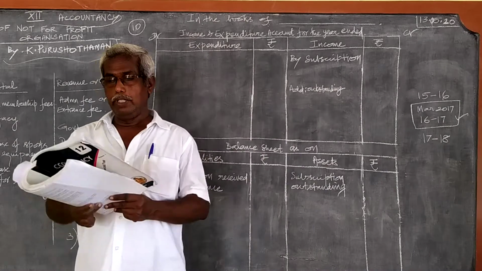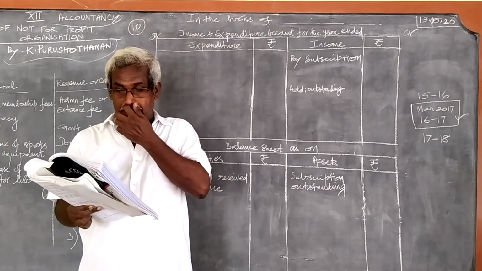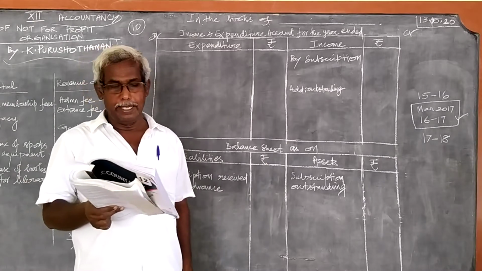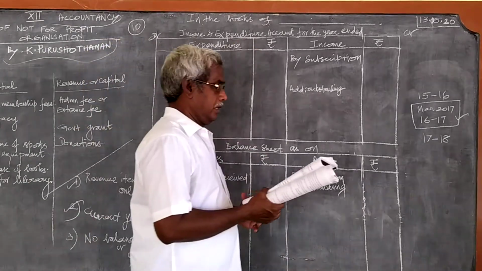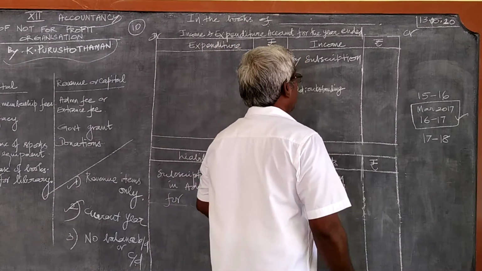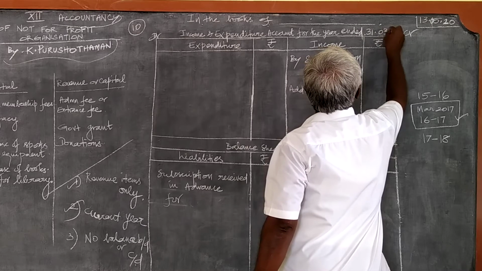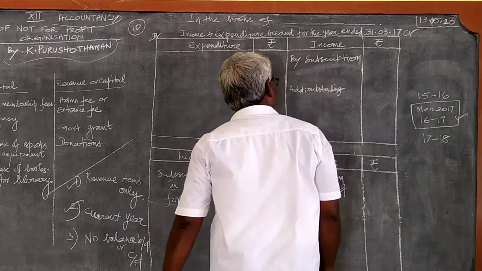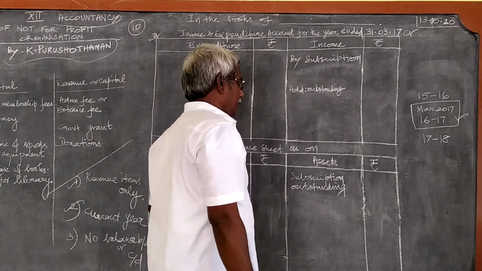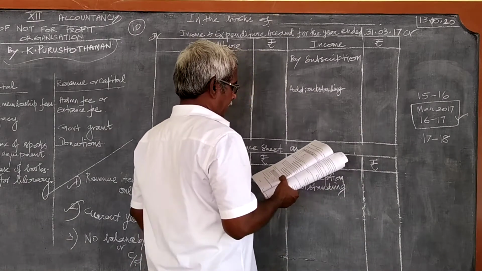Okay, now we go to the problem. How will the following items appear in the final accounts of a club for the year ending 31st March 2017, that is 31-3-17? This is regarding the term subscription.